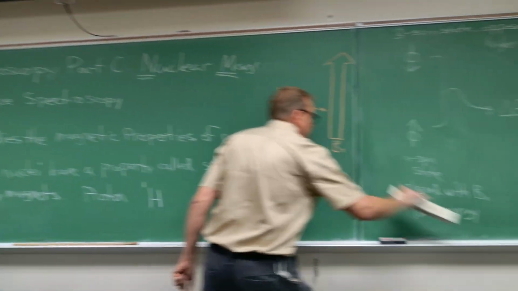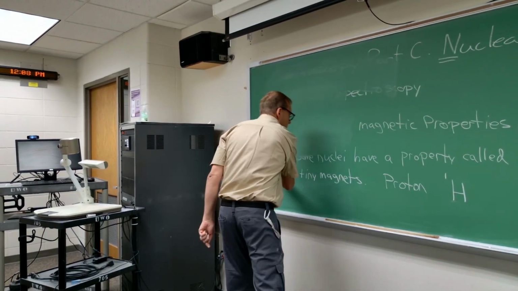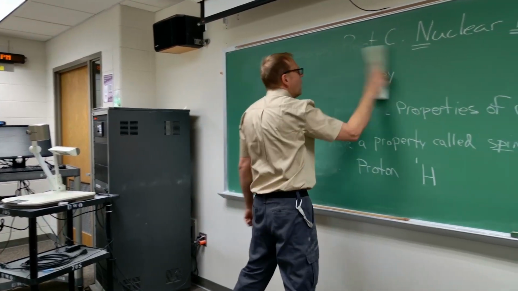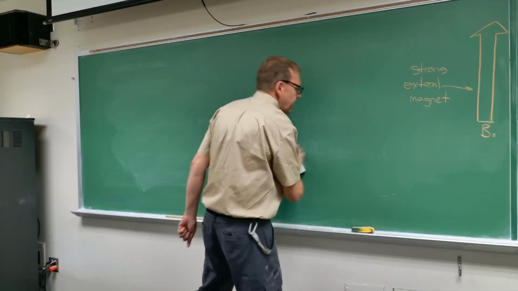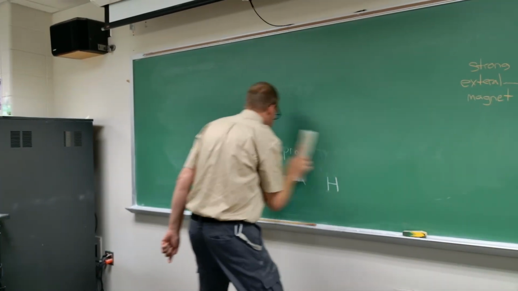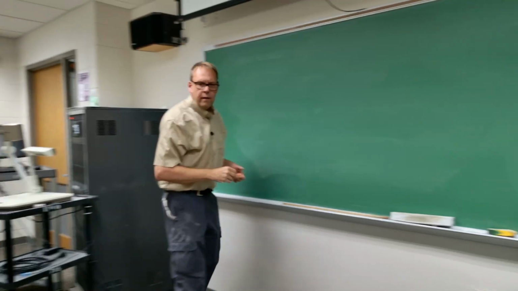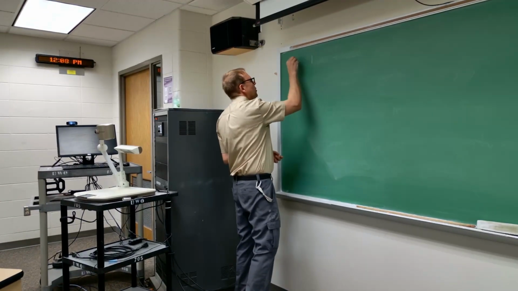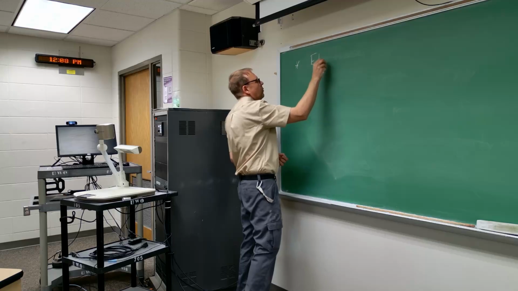So this is another big concept in NMR: the electrons around a proton, the electrons around a nucleus, affect its magnetic environment. I'll put a star next to this bullet point.